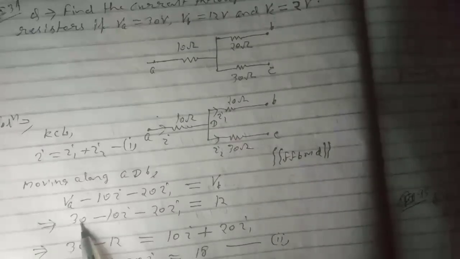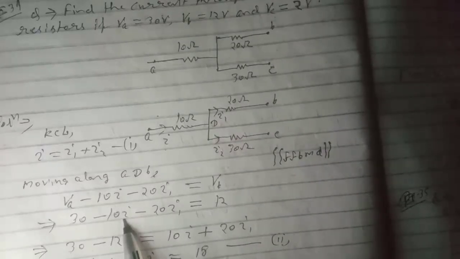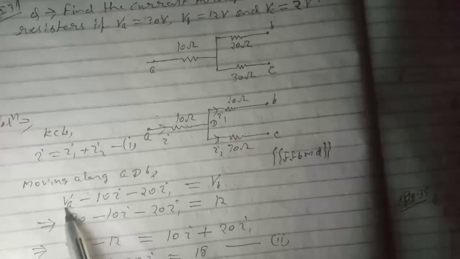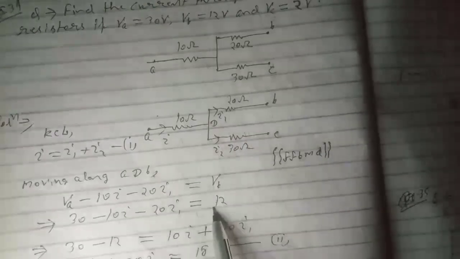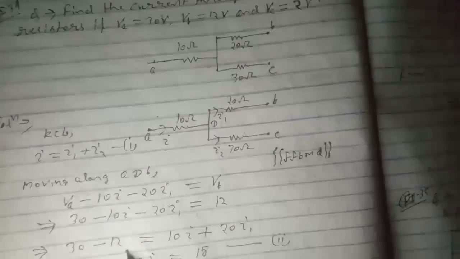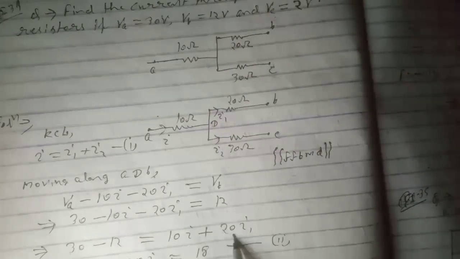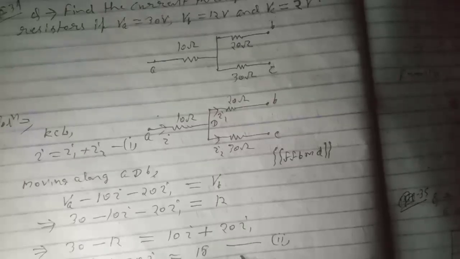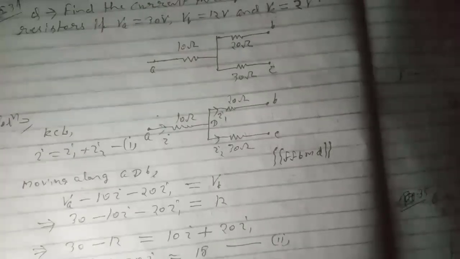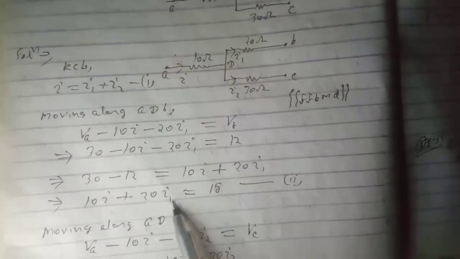This implies 30 minus 10I minus 20I1 equals 12, or 30 minus 12 equals 10I plus 20I1, or 10I plus 20I1 equals 18. This is equation 2.